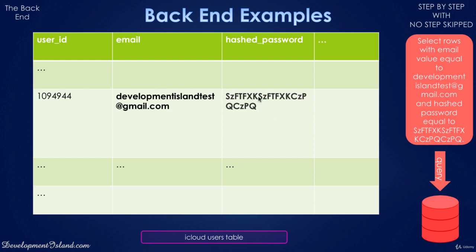Now, you just need to note that passwords are not stored in a table in plain text. They are stored in a hashed format, meaning that when the user signs up, we take their email address and their password, but we store the password as a hashed value. Hashing a password means that instead of storing the password itself, you apply a complicated formula to the password, and then you store the output of that formula in the database.